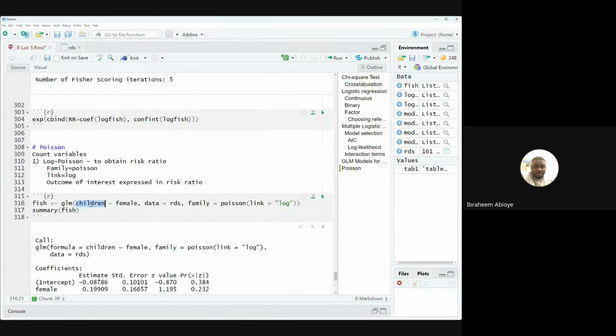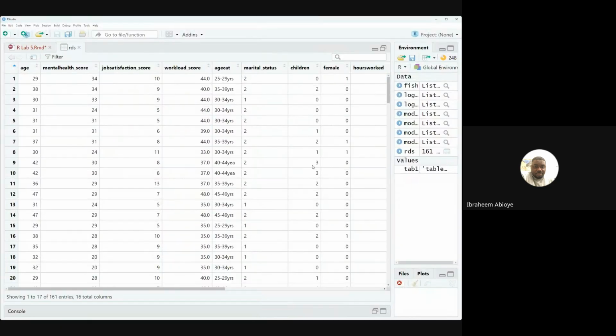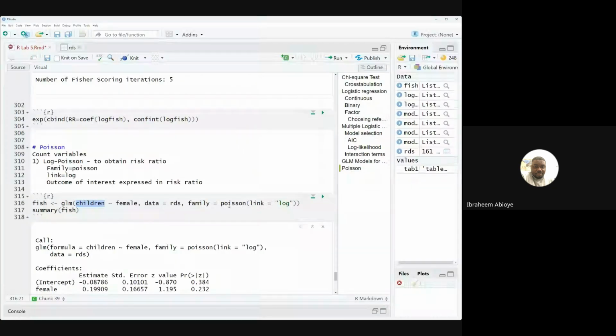And because this is not a 0 or 1 variable, it's a count, and we have people who have children that are 3, 4, 5, even if you add the log here, what you're getting is not a risk ratio, it's something else.